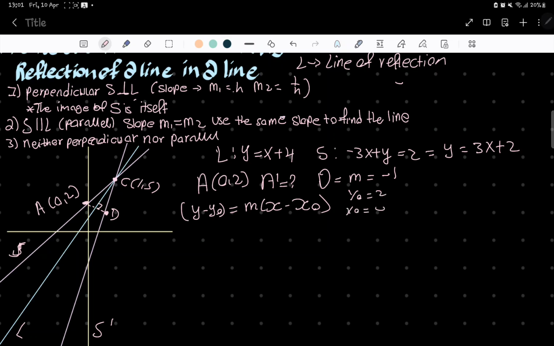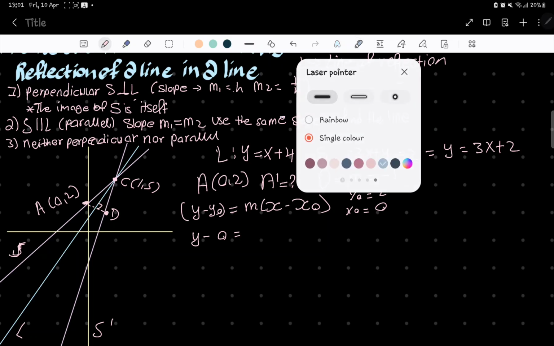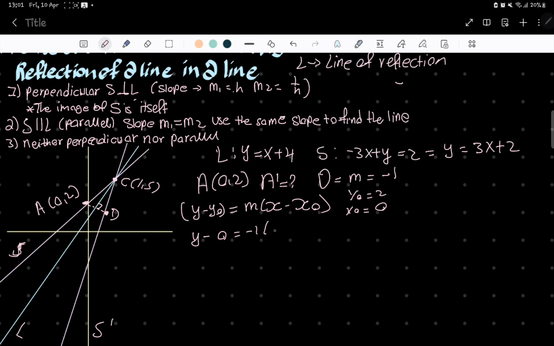Okay, so when we plug all of these in, we have y minus 0 equals our slope, which as we saw in the previous video is minus 1, so it's minus 1 times x minus 2. When we simplify this, we get y equals minus x plus 2. Okay, so we found this.